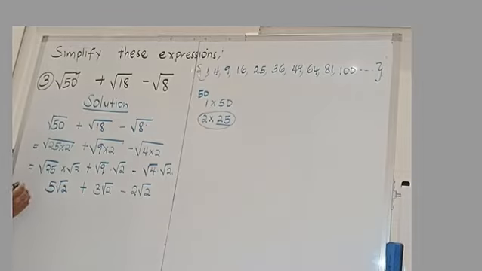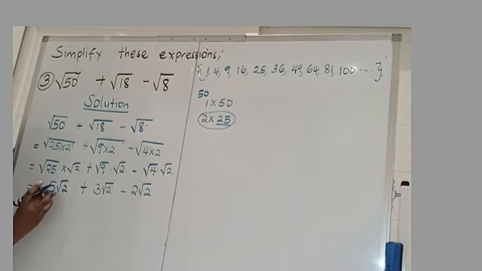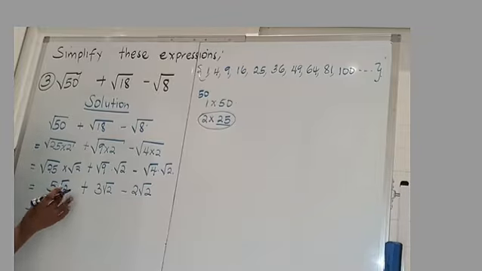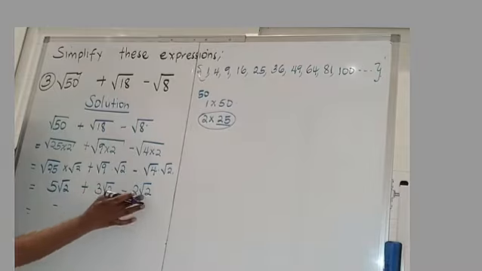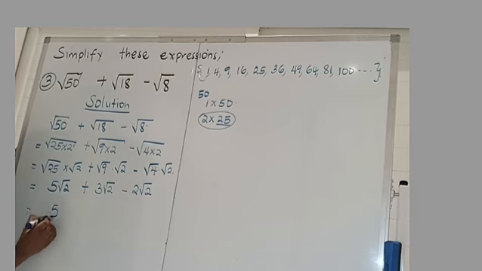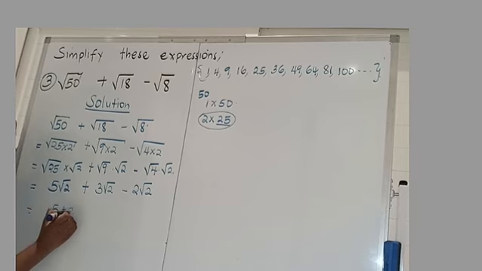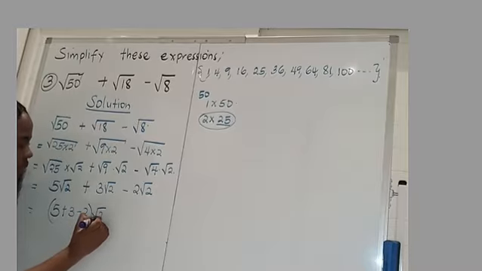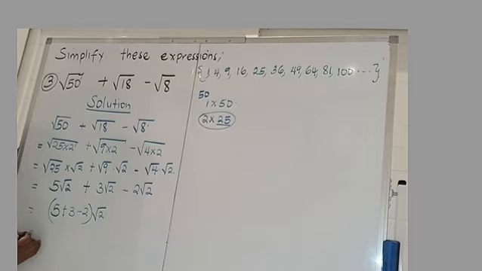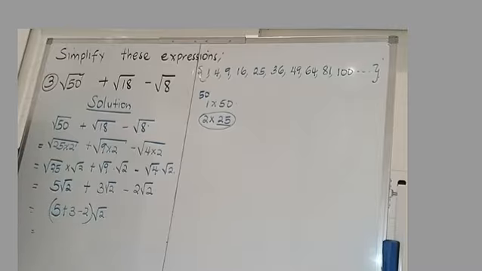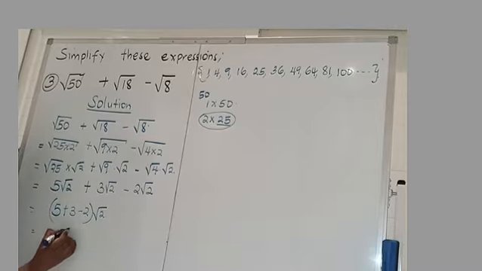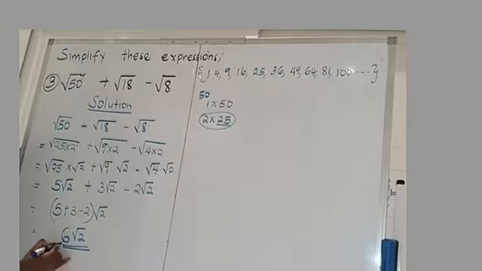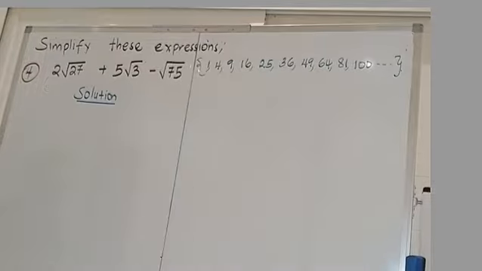So this is equal to, you add these ones here and subtract. Since root 2 is common throughout, I will have 5 plus 3 minus 2, all multiplied by root 2. 5 plus 3, you get 8. Take away 2, you have 6 root 2, and that is our answer.